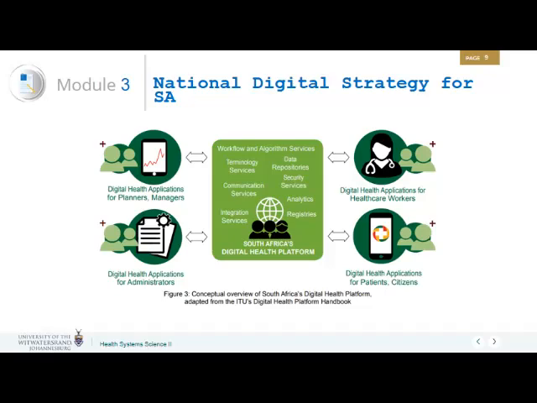Of course, there's an opportunity here to design digital health applications that assist health workers to do their work. And finally, we see that there is a role here for these applications to be applied to patients, to specific populations, and to build a relationship between patients and the health system.